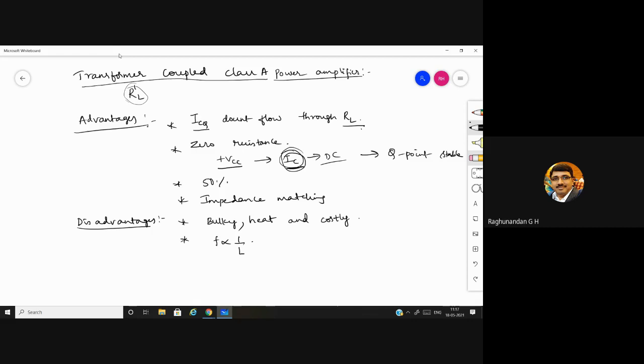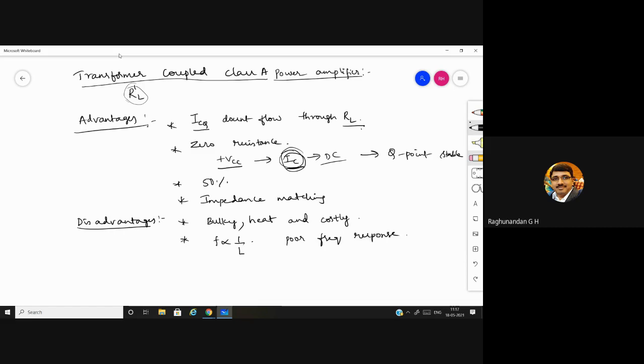Since we are using a transformer which has coils, the coil is going to give out inductance. So obviously it will have a poor frequency response.